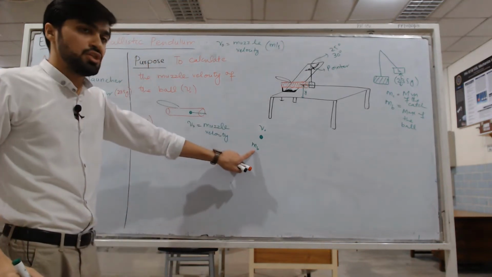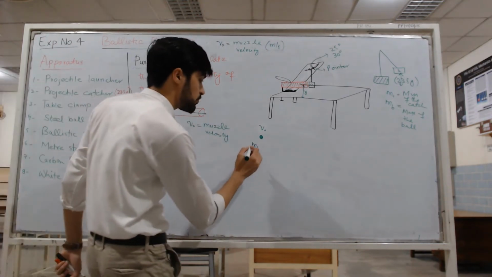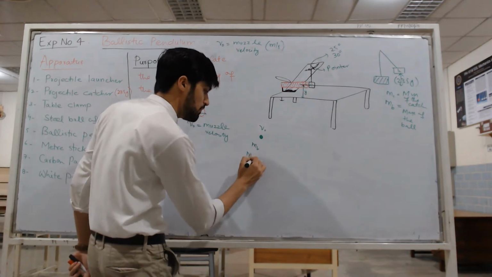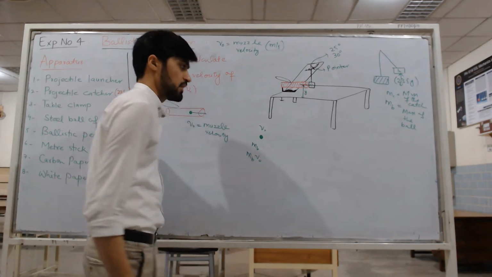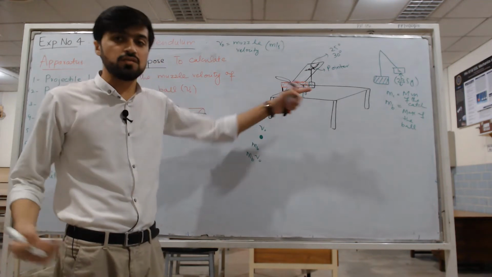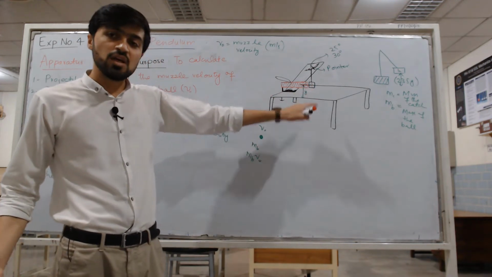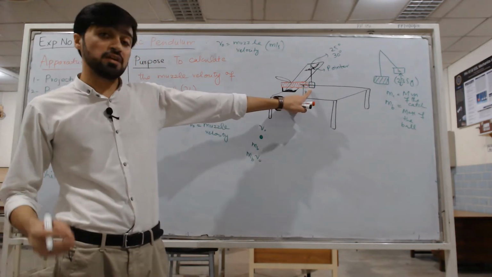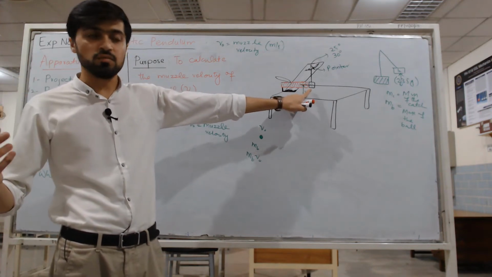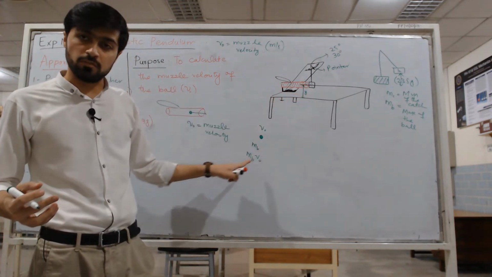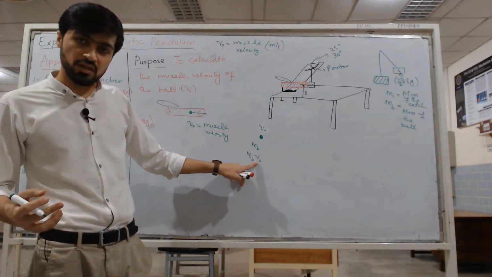So this is the initial kinetic energy. The initial momentum is mb V0. And what is the initial momentum of the catcher? 0, because it is at rest. If it had some velocity, it would have some momentum. So initially we have only the momentum of the ball with the muzzle velocity.